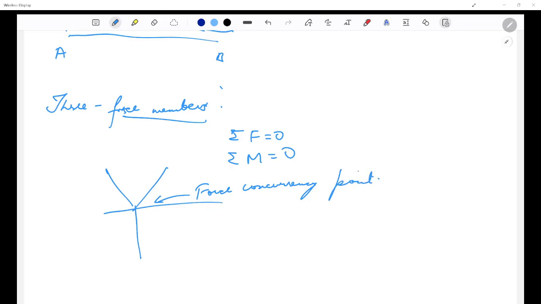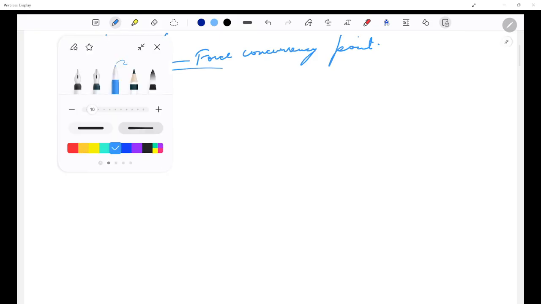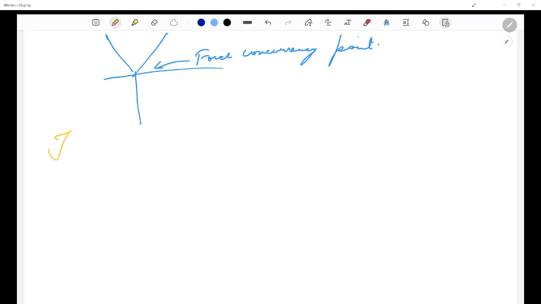Then we read about free body diagrams. The most important step in force analysis is drawing the free body diagram. A free body diagram means we isolate the body and show all the forces acting on it.